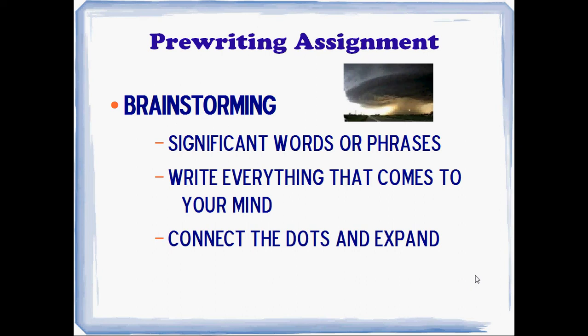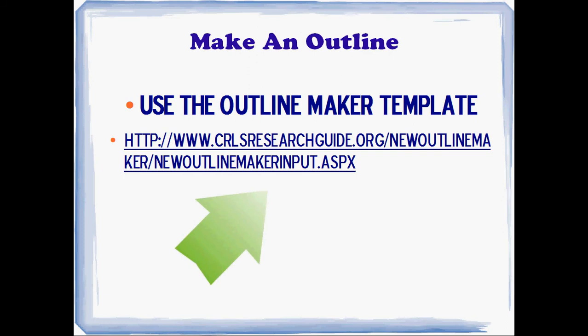So, alright, now this is the part that's going to actually be turned in, and I'd like you to use the outline maker template that I've included. It should be right when you log into this assignment, but there's the web address if you'd like to type all that into your web bar up at the top.